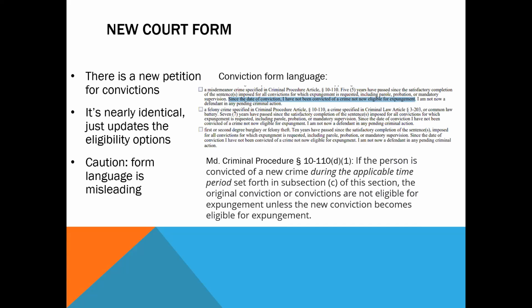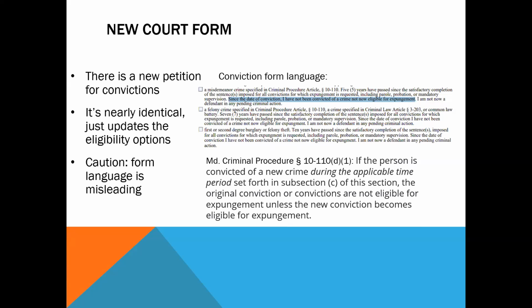There's also a new court form, getting into a little bit of the procedure, which really remains unchanged. But the court form is also an interesting opportunity to talk about the specifics of the law. The form is pretty much the same. It just adds those 3 categories that now exist as opposed to the 10 and 15-year reasons for eligibility. It adds check boxes for 5, 7, and 10-year eligibility.